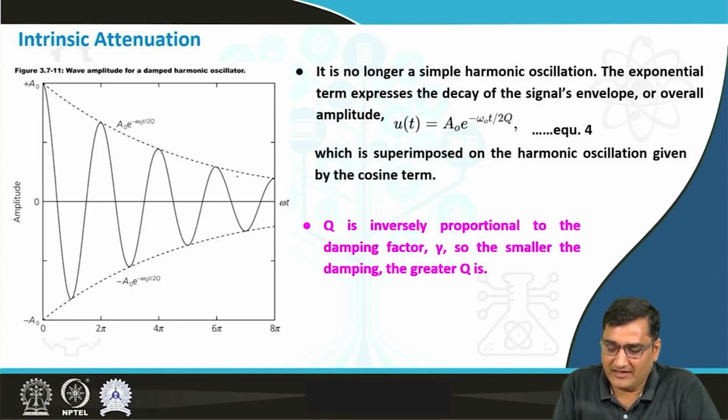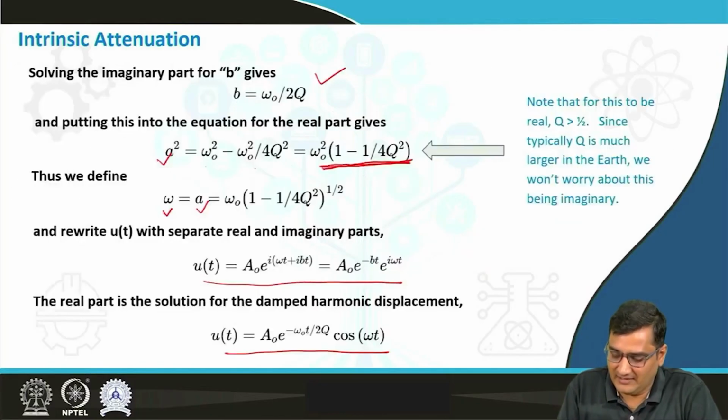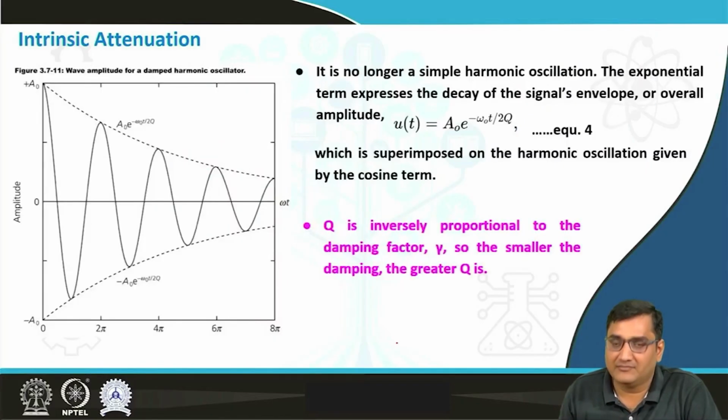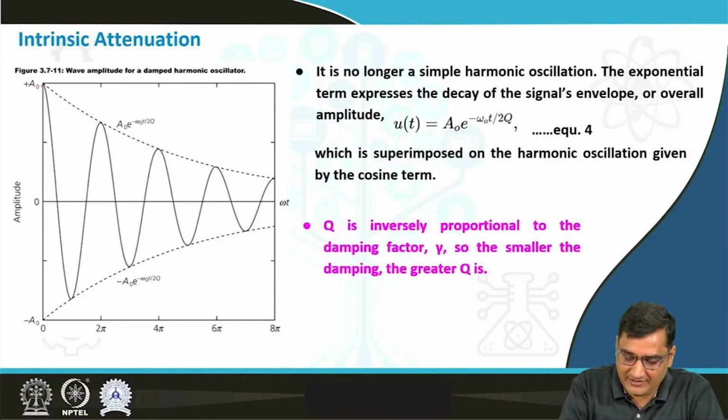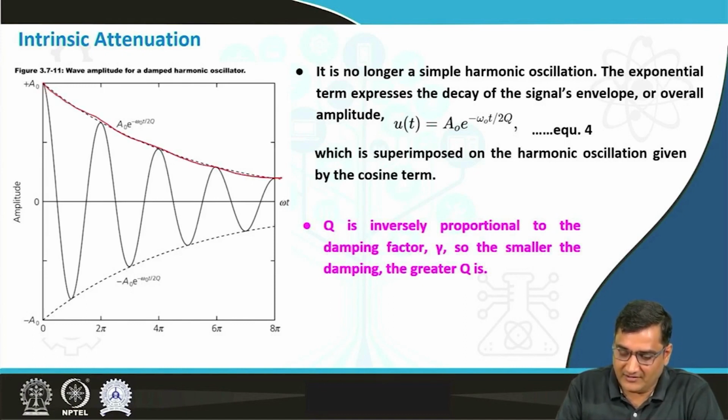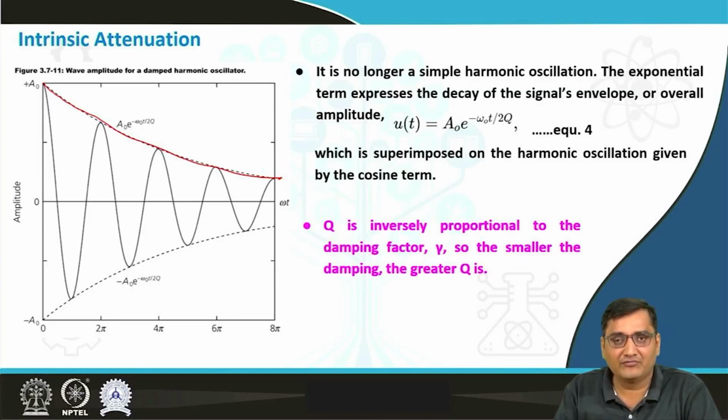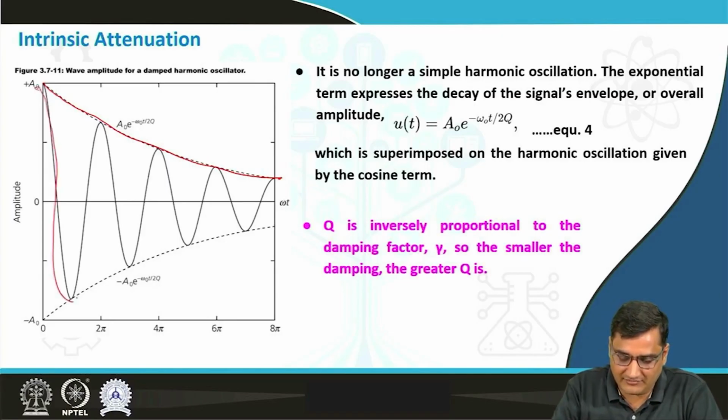That means the exponential term is expressing the decay of the signal's amplitude, or you can say the overall amplitude, and this will be superimposed onto the harmonic oscillation, that is basically defined by this particular cosine term. So you can see the amplitude is decaying exponentially, superimposed over the cosine term.